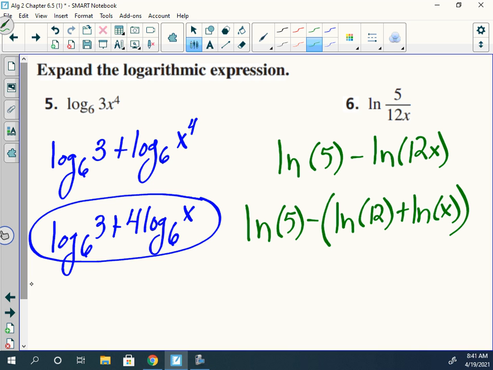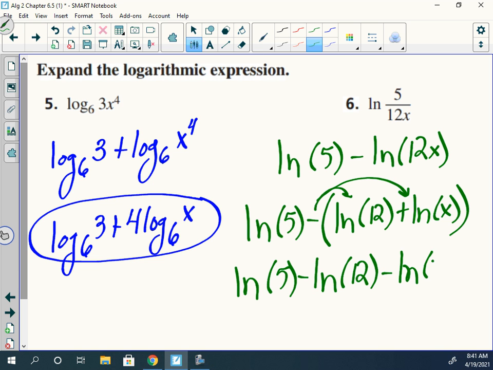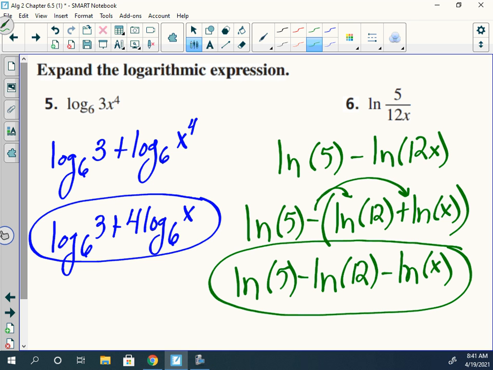So really, if I redistribute or multiply through by this negative 1, we have negative ln of 12 minus ln of x. Because for both of those to be in the denominator, they both have to be negative.